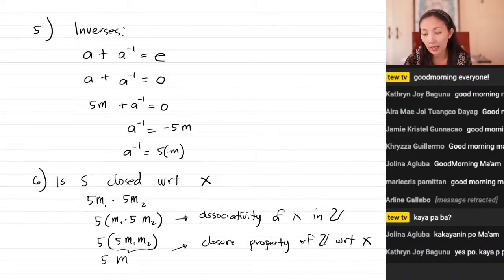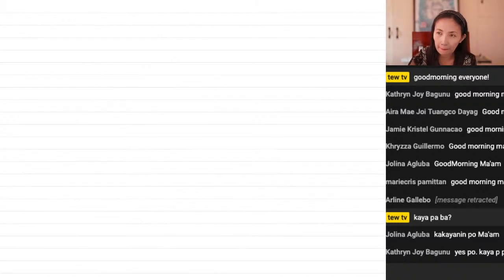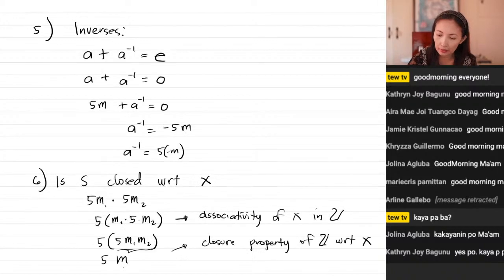What do we mean by that? That when we multiply integers, the result is an integer. Kaya 5m.